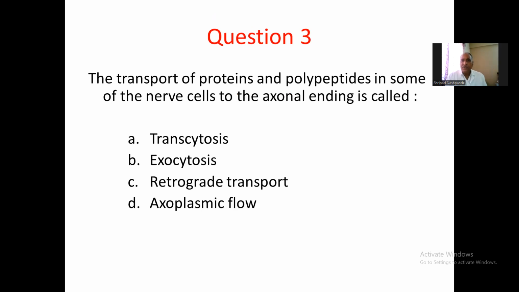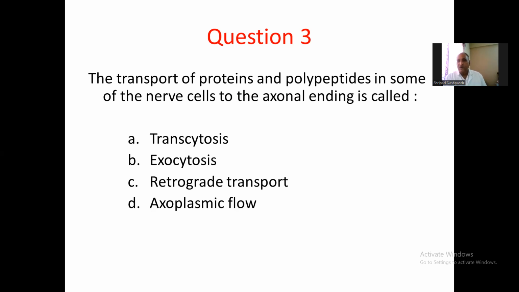Question number 3. The transport of proteins and polypeptides in some of the nerves to the axonal ending is called A. Transcytosis, B. Exocytosis, C. Retrograde transport, D. Exoplasmic flow. Transcytosis is across the cell membrane.